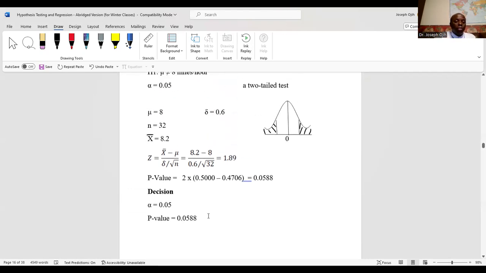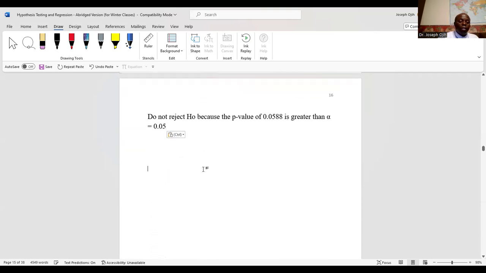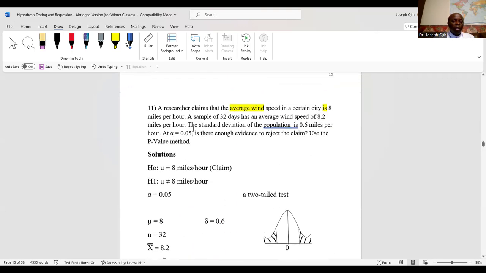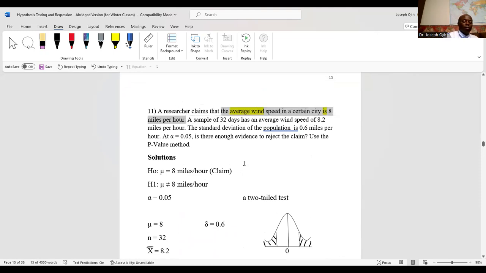That means we do not reject the null hypothesis. Unfortunately for us, the claim is in the null hypothesis. So our conclusion becomes that there is enough evidence to support the claim that the average wind speed in a certain city is 8 miles per hour.